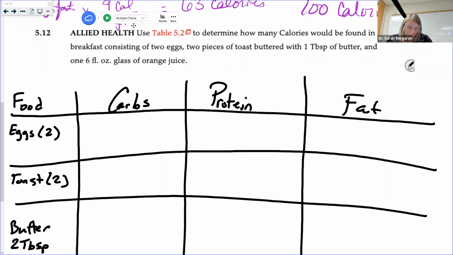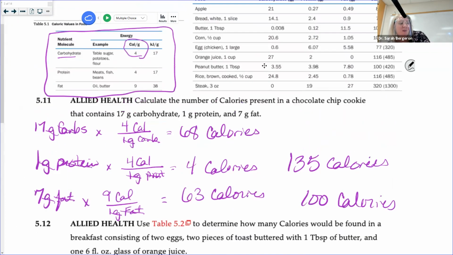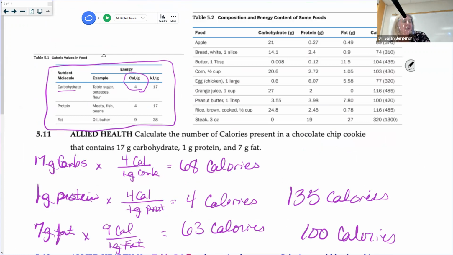Do I give you your conversions? I don't. I was looking to see if I gave you this, but I will give you this on the exam. If I don't already have it on the best friend, I'm going to write myself a note to make sure I have these conversions.